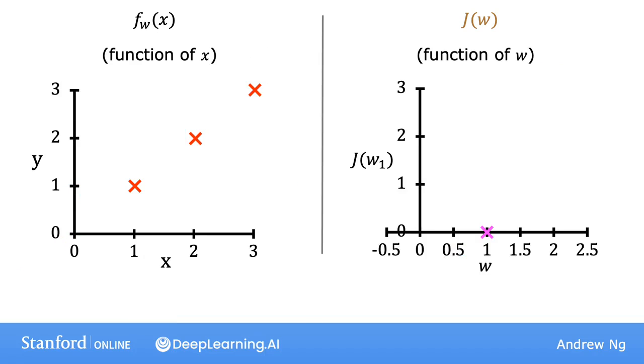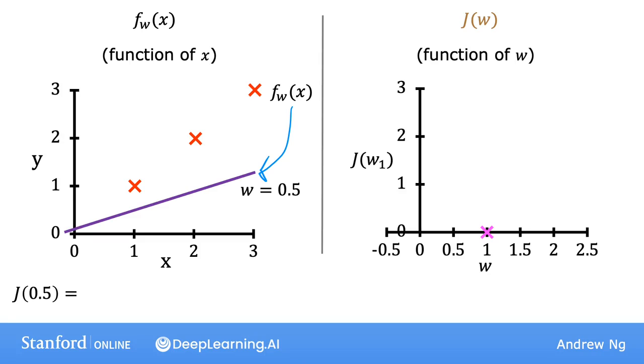Let's go ahead and plot that. So let's set w to be equal to 0.5. And in this case, the function f of x now looks like this, a line with a slope equal to 0.5. And let's also compute the cost J when w is 0.5.